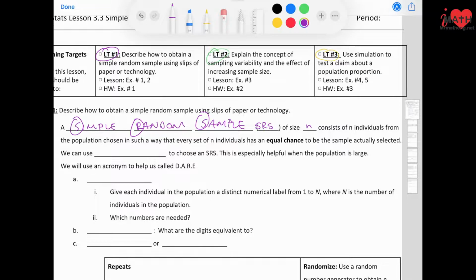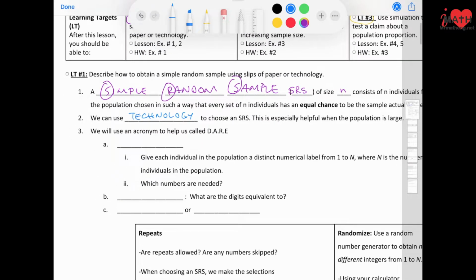We can also use technology to choose an SRS. This is especially helpful when the population is large. We can use an acronym to help us called DARE. So, what is our first letter of DARE?